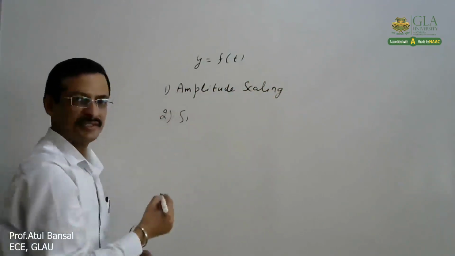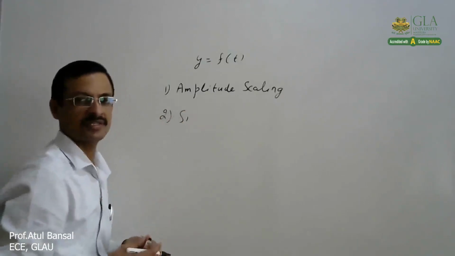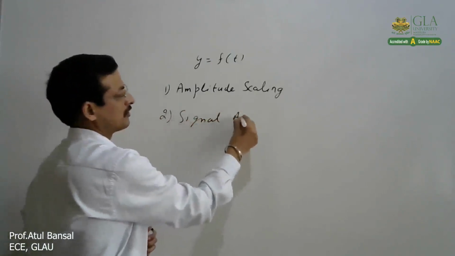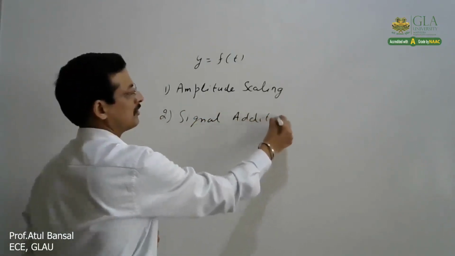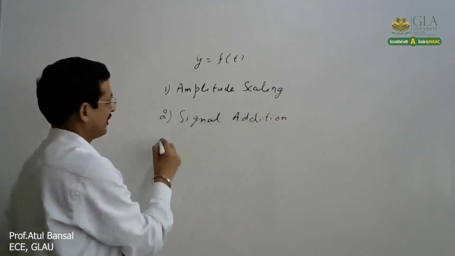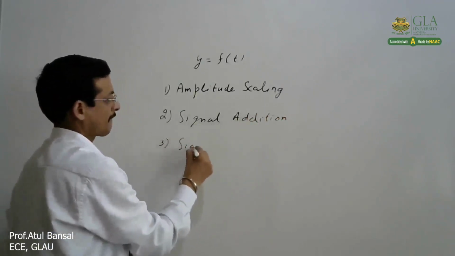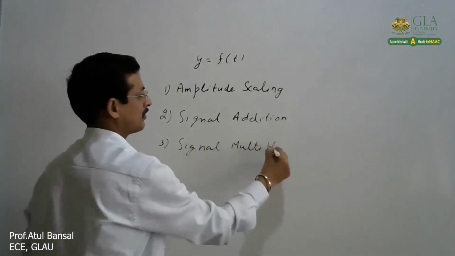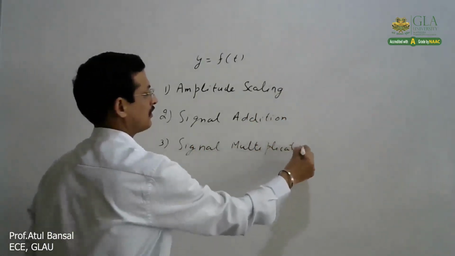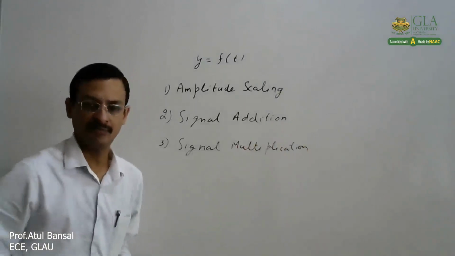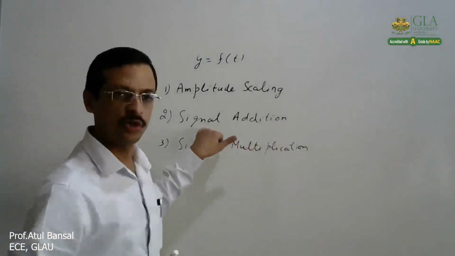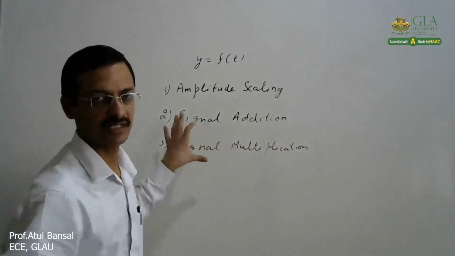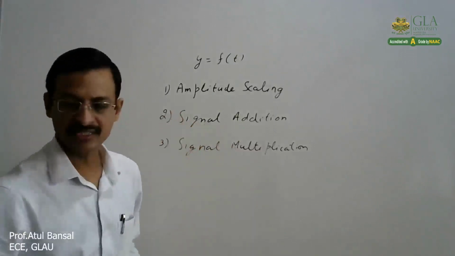Number two is the process, or sometimes it is called a transformation, of signal addition. And number three is signal multiplication. So when we add two or more signals, and when we multiply two or more signals, that is the second and third. So let us take this one by one.